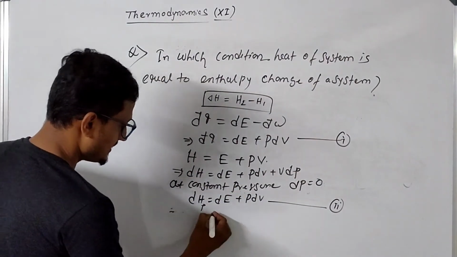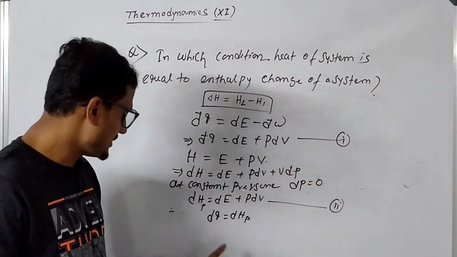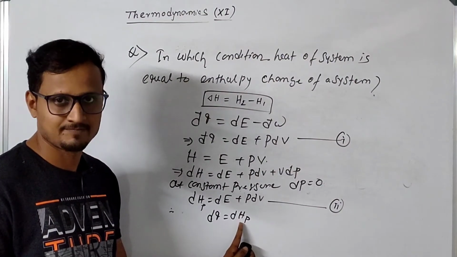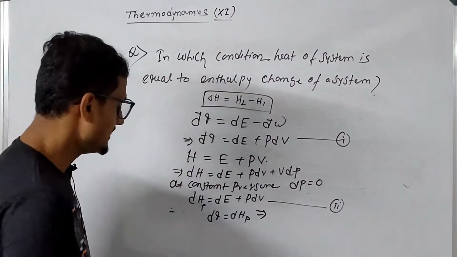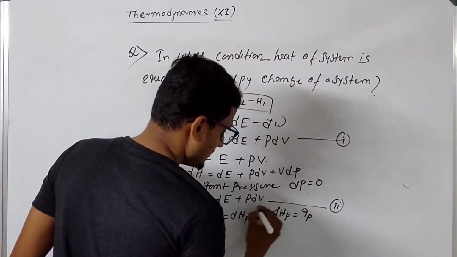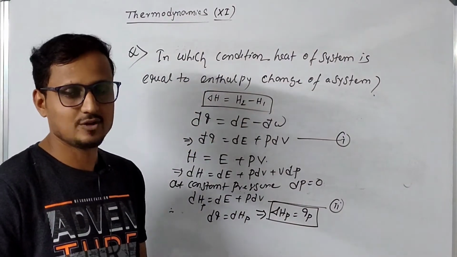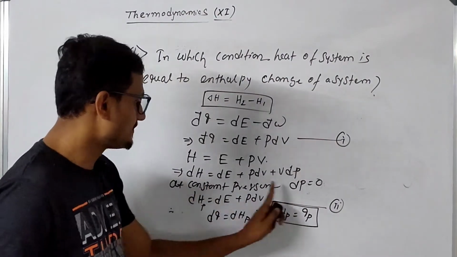So dQ equal dHP. So here Q is equal to enthalpy change of a system. If we integrate from here, then we will get delta HP equal QP. So heat of a system is equal to enthalpy change of a system under constant pressure.